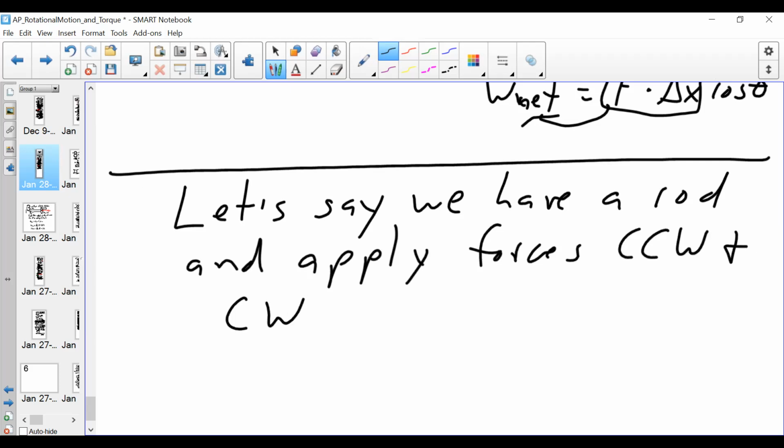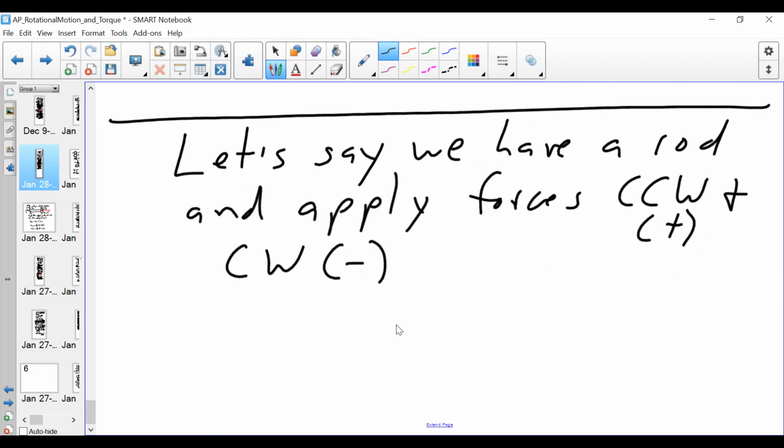So again, counterclockwise is positive rotation, clockwise, negative rotation. Counterclockwise rotations are considered positive. Any angular quantity that's undergoing a counterclockwise rotation is a positive quantity, and vice versa, clockwise is negative.